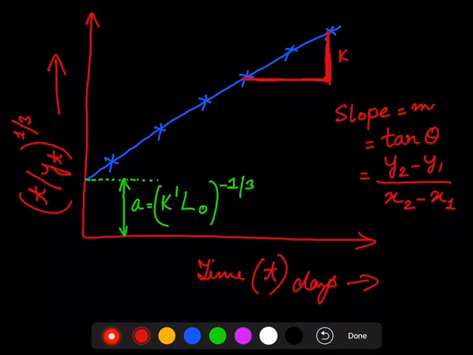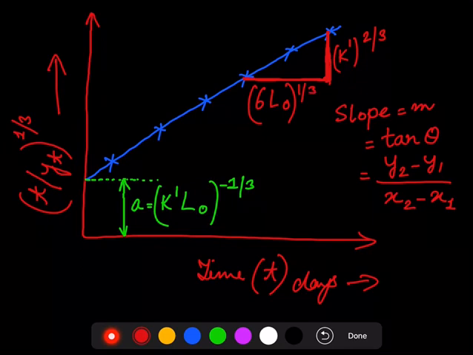So this is your k dash to the power of 2 by 3, and the distance between two x-axis points is L naught to the power of 1 by 3.